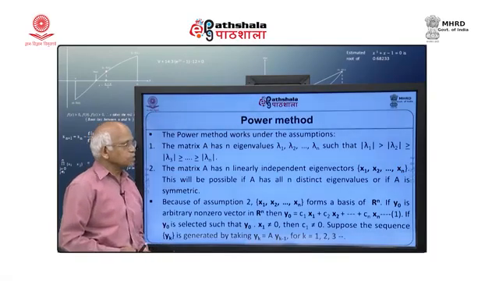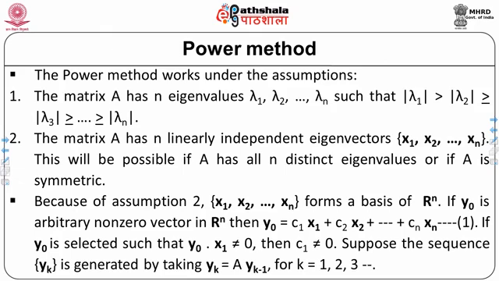The power method works under the assumption that the matrix A has eigenvalues lambda 1, lambda 2, ..., lambda n, such that mod lambda 1 is strictly greater than the moduli of all other eigenvalues, and the matrix A has n linearly independent eigenvectors. That is also essential.